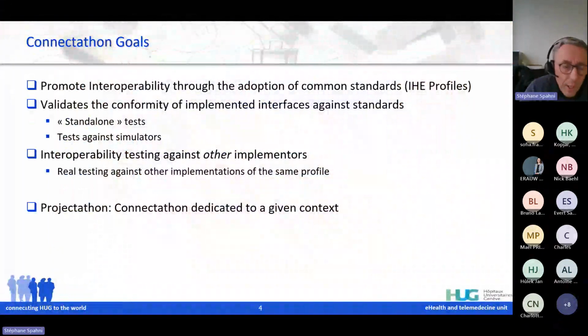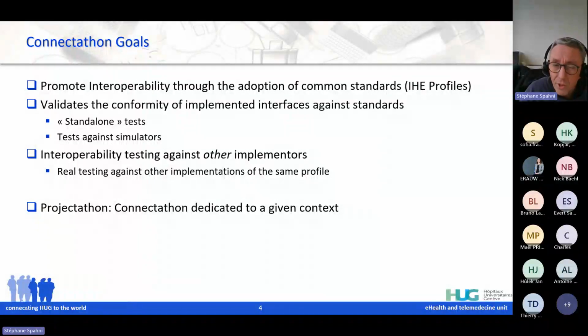The goal of the connectathon, which are similar to those of the projectathon, is really to promote interoperability through the adoption of the common standards, the IHE profiles, to validate the conformity or the good implementation of the profiles. With standalone tests, you will test, for example, if you produce a document, you will validate that the structure of the document is correct, that the content is correct. So that's what we call standalone test. You can also do some tests against simulators.